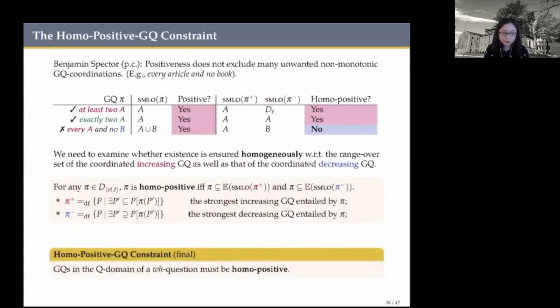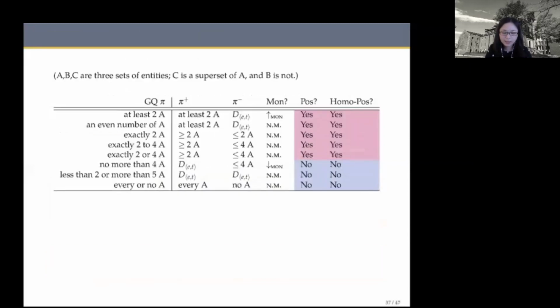And now I'm going to revise the previously assumed positive GQ constraint to something I call the homo-positive GQ constraint. Generalized quantifiers in the Q domain of that question must be homogeneously positive. And this table illustrates a broader range of generalized quantifiers and looks at three parameters: monotonicity, positiveness, and homo-positiveness.